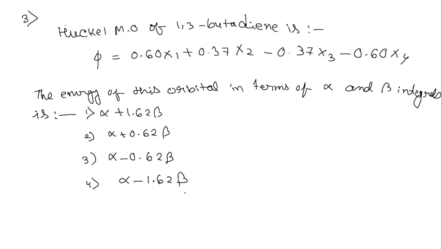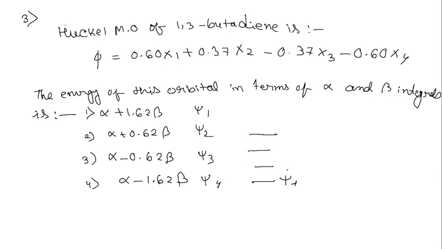First we already know beta is a negative quantity. So whose energy will be the maximum? As beta is a negative quantity, its energy will be the maximum, and this one will be the lowest.